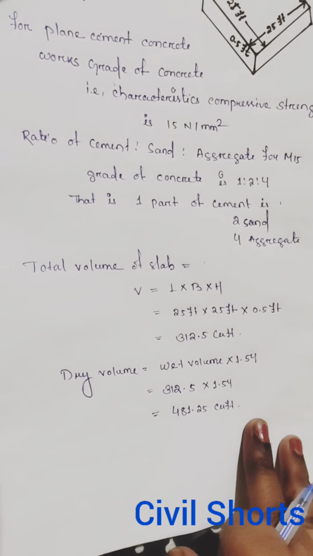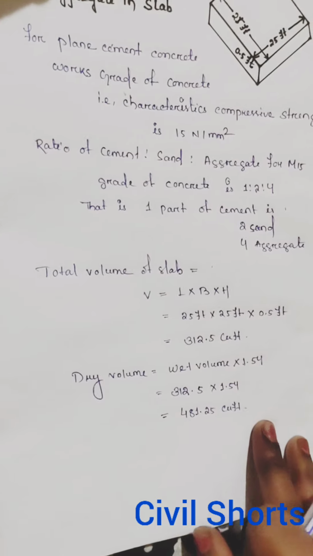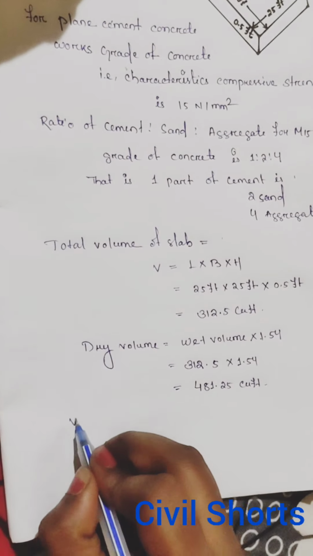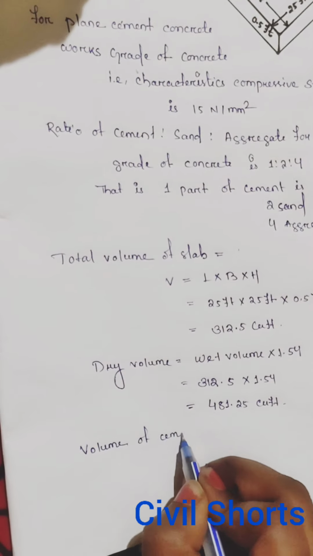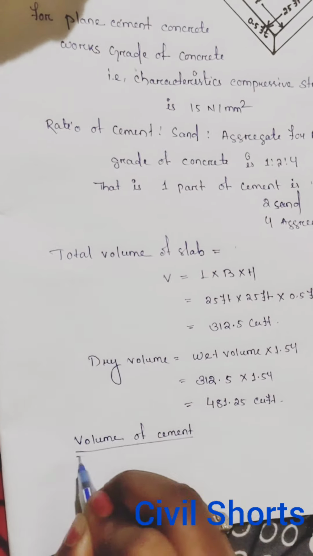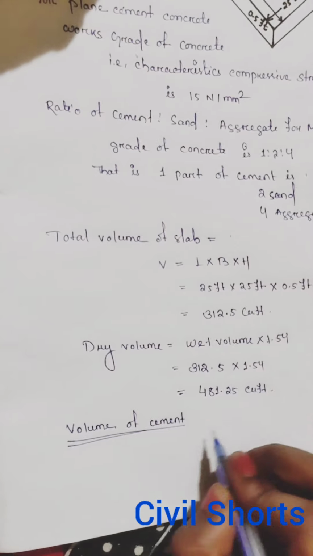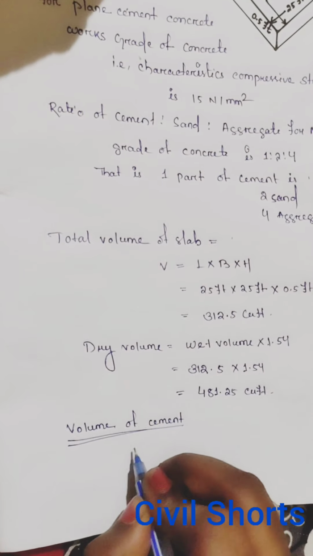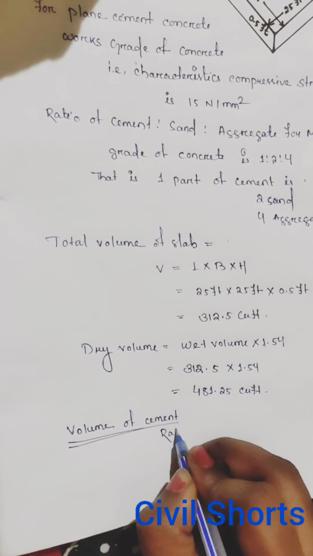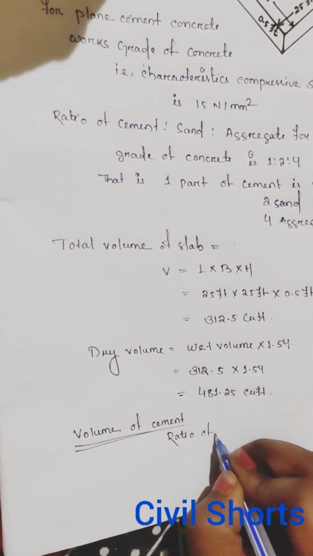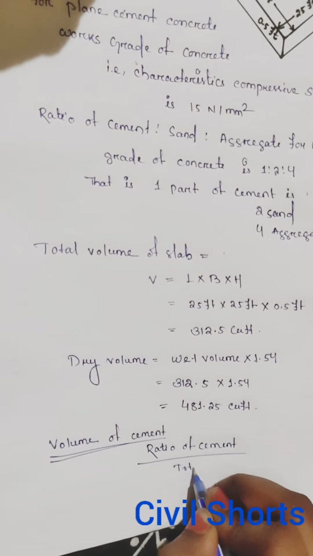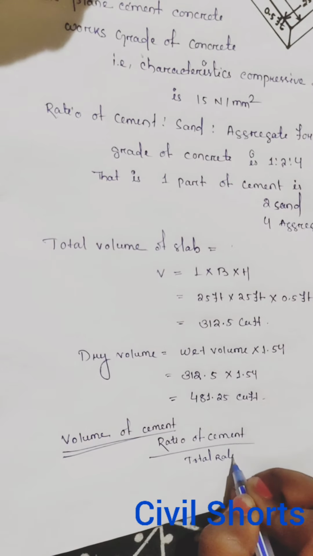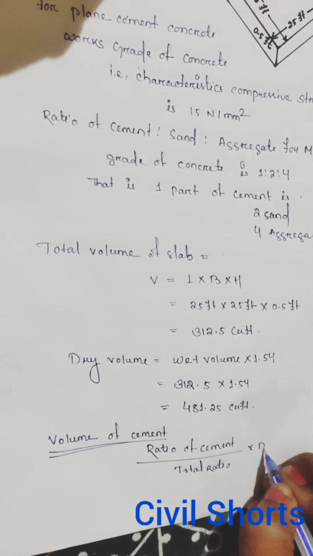Now we calculate the volume of cement. Here the formula is ratio of cement by total ratio into dry volume.